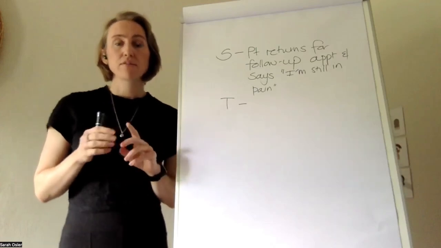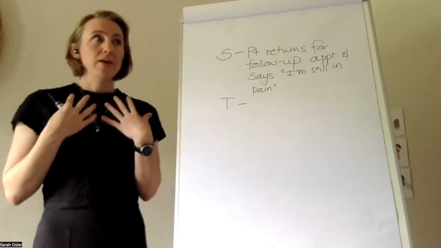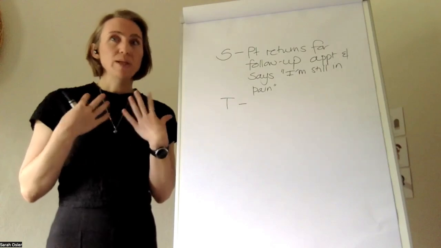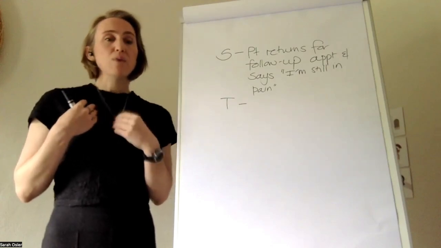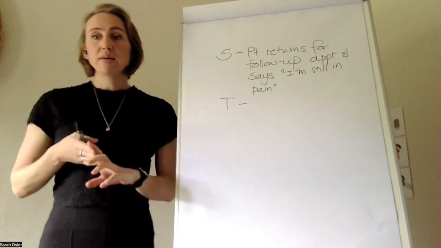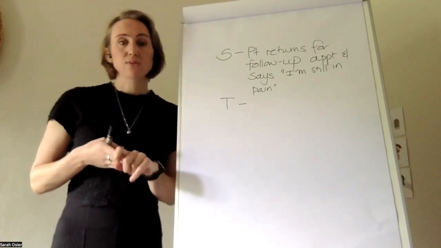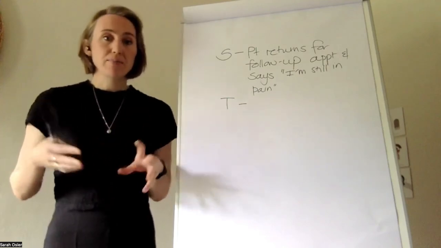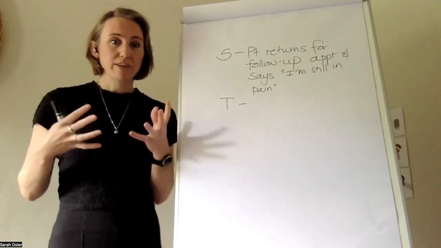So some version of, I'm a terrible clinician, I don't know what I'm doing, what did I do wrong? Or making it mean something about the patient: they don't take responsibility for their health. They didn't listen when I was explaining how this was going to work. They are impatient, they just want the quick fix.